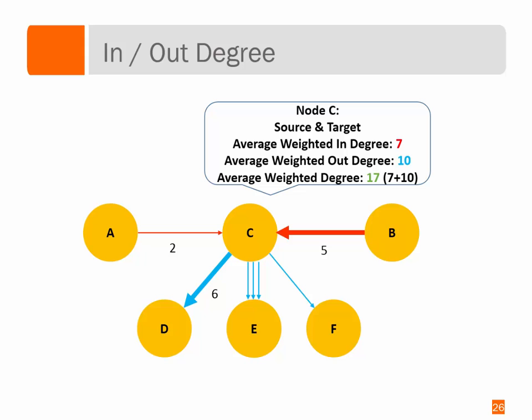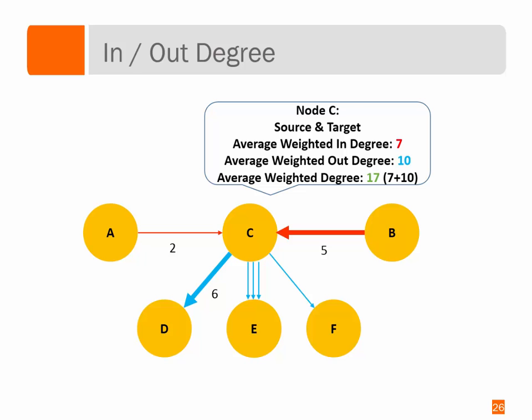Web page C might provide 3 referrals to web page E in an hour, and then web page C might make 1 referral to web page F per hour. When we add all those up, 6 plus 3 plus 1, we have an average weighted out degree for node C of 10.